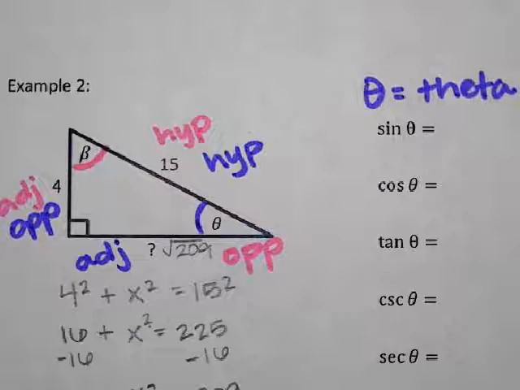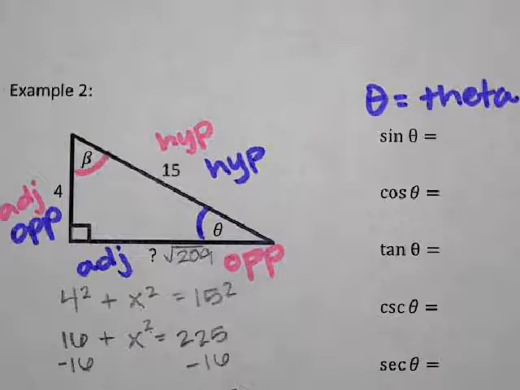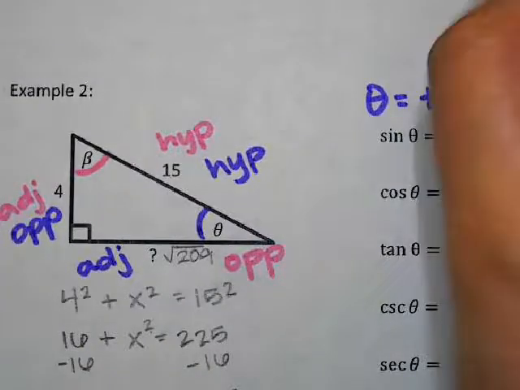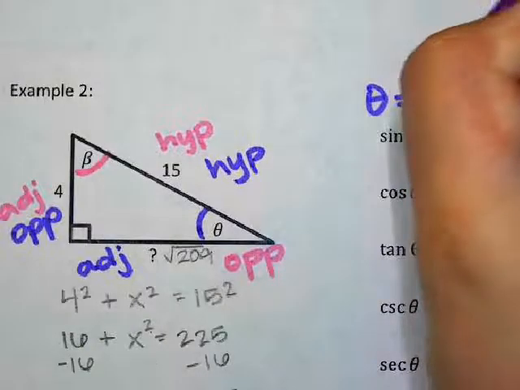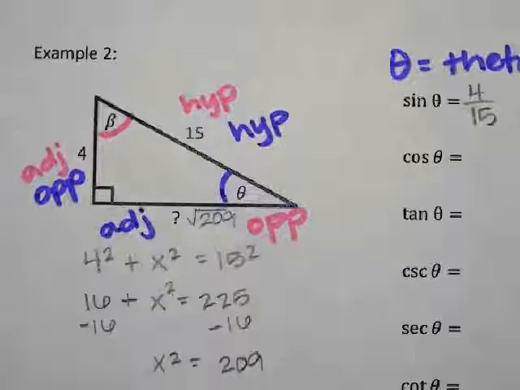Okay, so sine of theta would be what? 4/15, so opposite over hypotenuse. Cos of theta would be what?